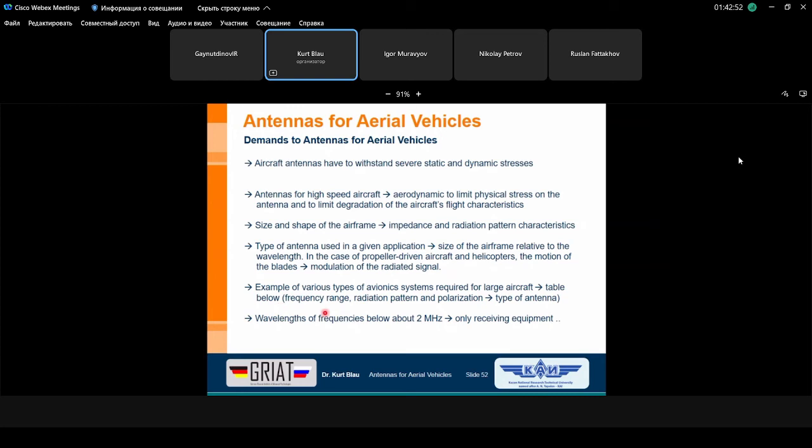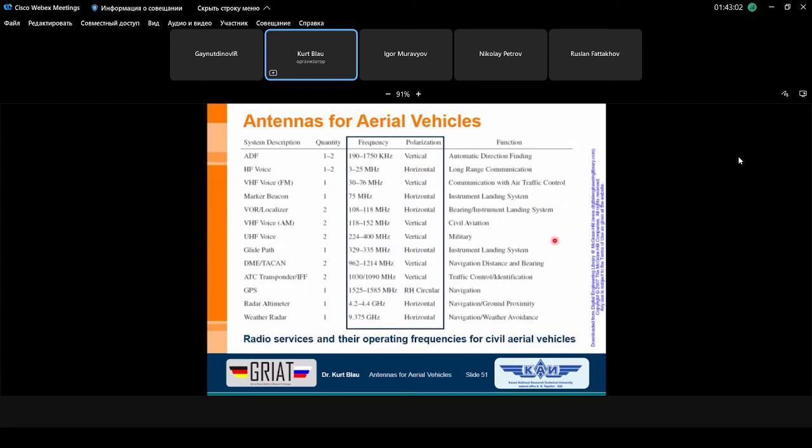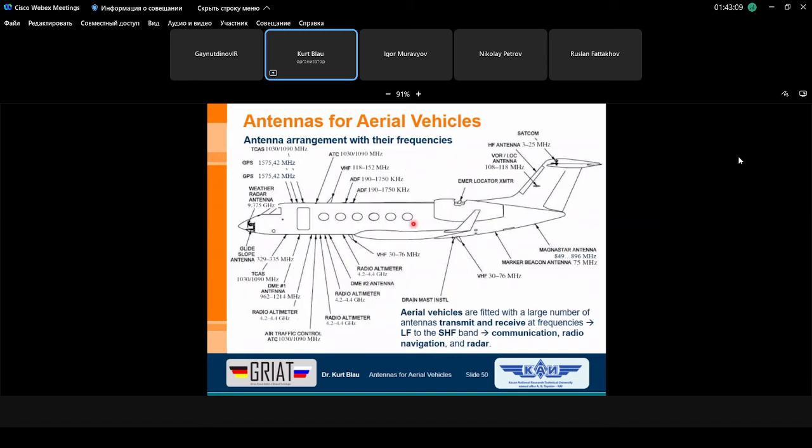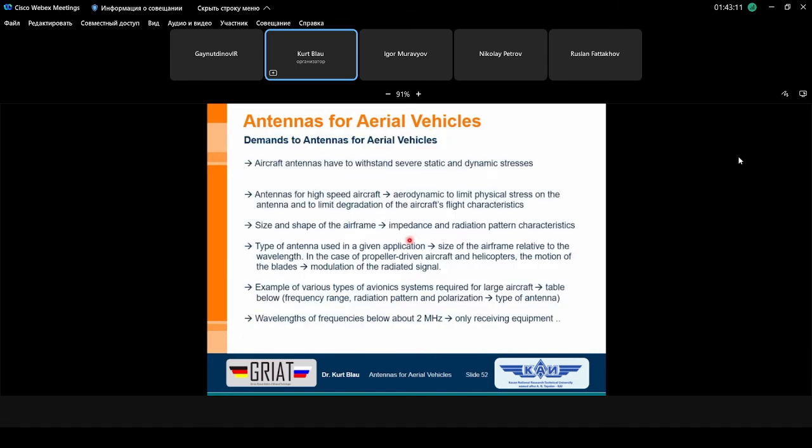Examples of various types of avionic systems I have shown already on hand of this table. We have discussed the radio services here with different frequencies. For instance, in the case of frequencies below 2 MHz, on board of such an aircraft only receiving equipment is usable or applicable.